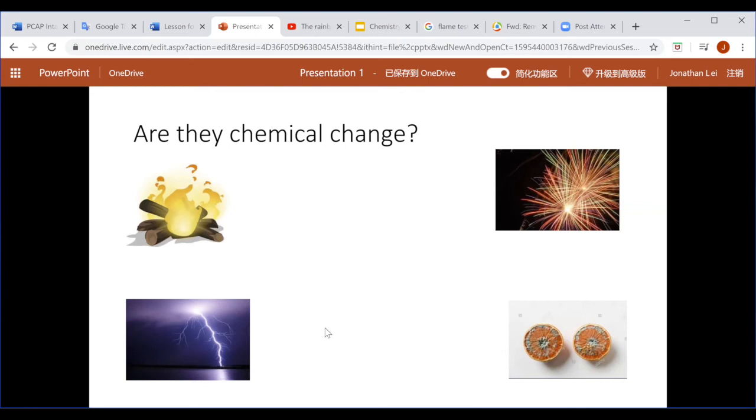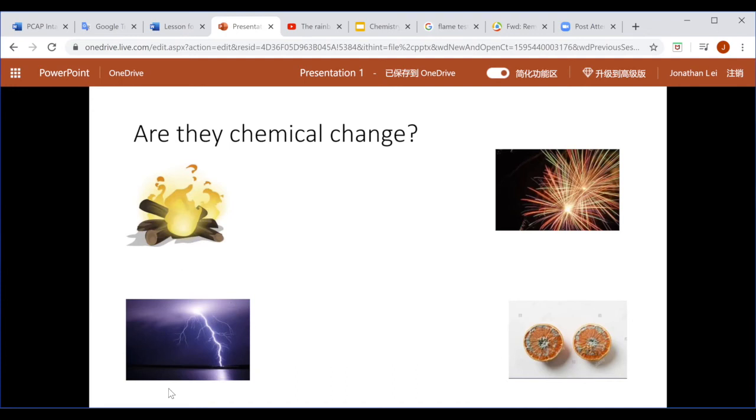Heat is energy. Doesn't it produce lightning? So yeah, but it's just energy. It's not substance. So basically, lightning is physical change because there's no new substance. Even though it produces light or heat, light and heat are not substances. They're energy.